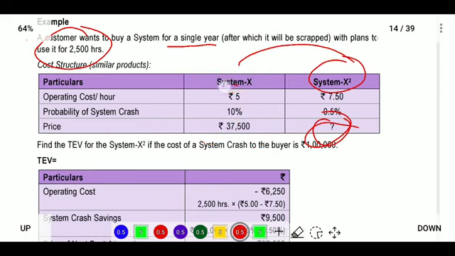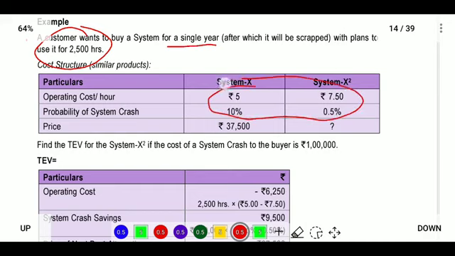From this we will calculate the differential cost for these two, and add this value. This is the price for the next best, and we will see the 7.5. So 5 minus 7.5, how many hours do we require? 2500.